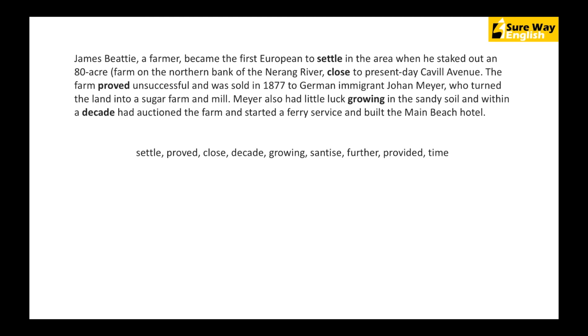If you look at all the words, you know that it should also be related to the word after it, which is unsuccessful. So the only word that seems to fit in there is proved. The farm proved, or turned out to be, unsuccessful, and was sold in 1877 to German immigrant Johann Meyer, who turned the land into a sugar farm and mill.